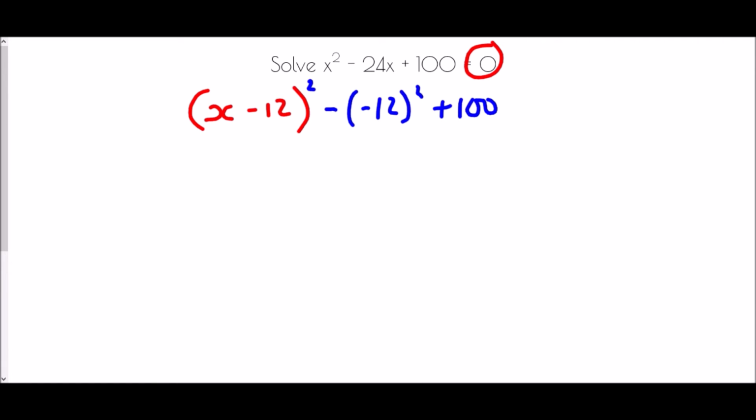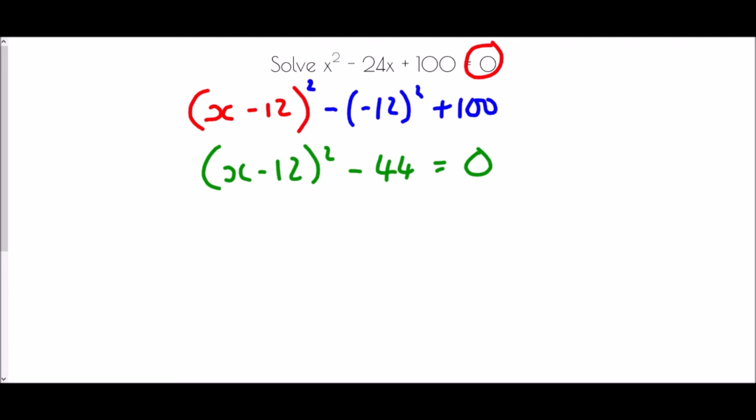If I do that, I get x take away 12 squared. Now negative 12 squared is 144, so that's take away 144 plus 100, so that's subtract 44, and that equals 0.